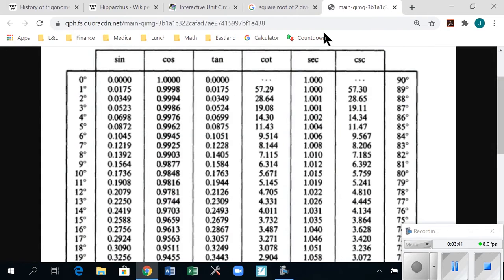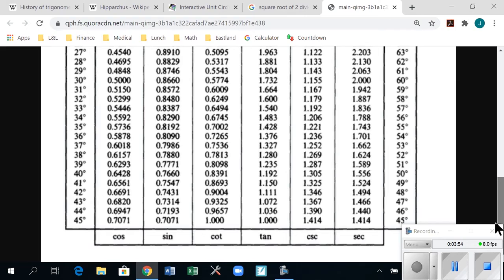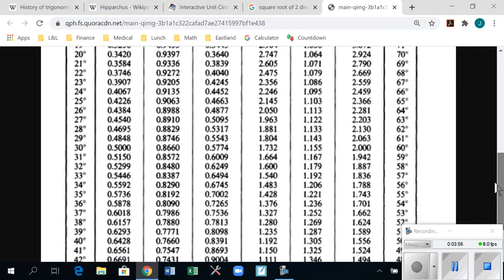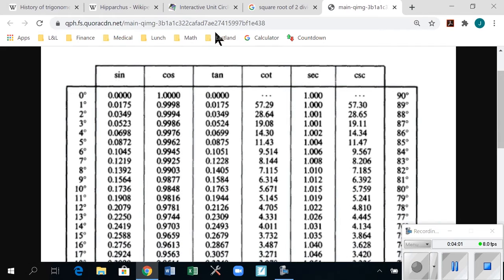That's why cosine and sine are kind of opposites. Sine is really tiny at a small angle, whereas cosine is really large at a small angle. Now as you go all the way up to 90 degrees, this only goes to 45 degrees, but you get the idea. Sine and cosine are kind of opposites of each other in that regard.